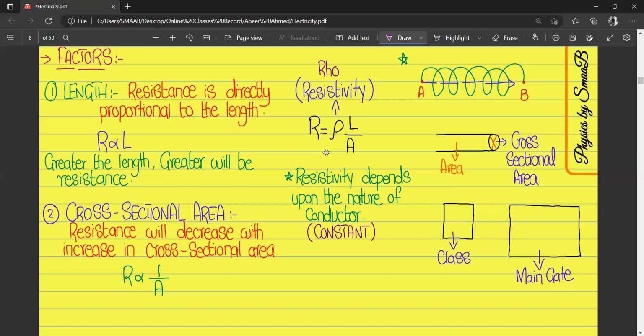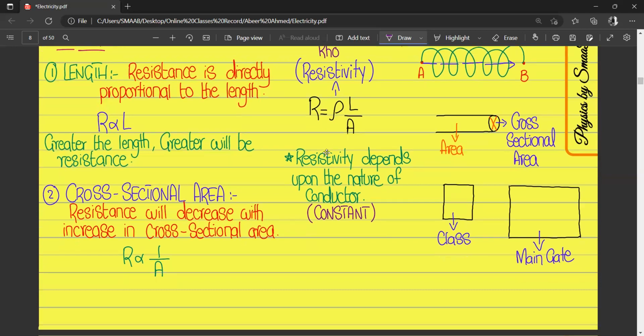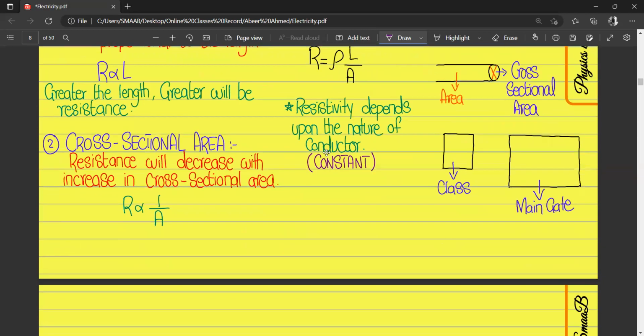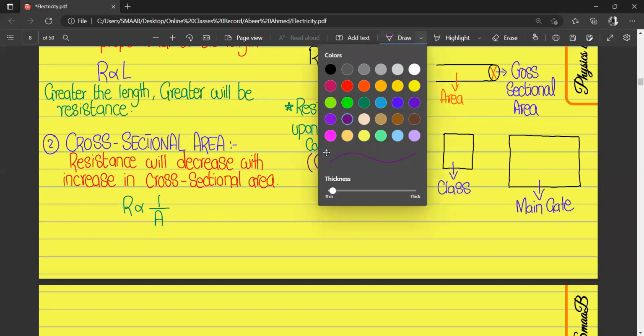So we can also write another factor that is not included in the formula, but it is a factor, because normally when we are performing experiments in our circuits, there is not much effect of temperature because we perform the experiment for a limited time interval. We do not perform experiments for many days, for many months. So that's why that factor is excluded from the formula, but it is also very important.